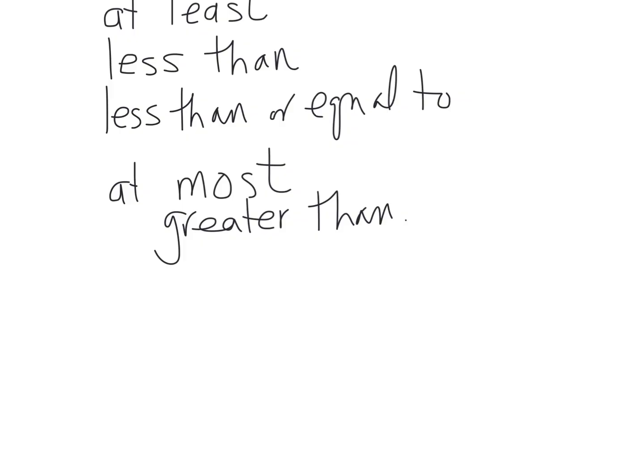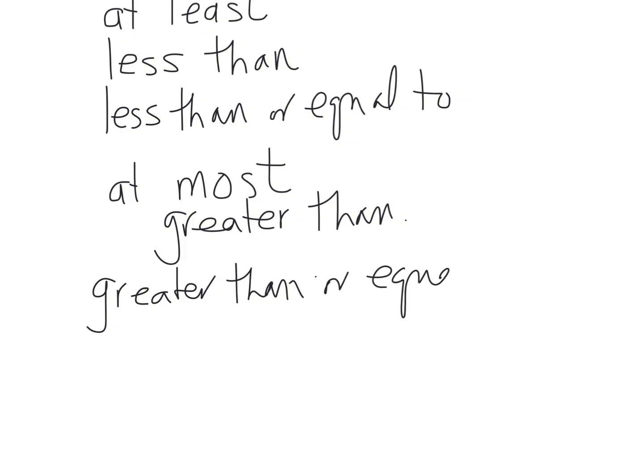You get my point. We can also have greater than or equal to. A student must have a grade point average of 2.8, greater than or equal to 2.8. That would mean 2.8 is included, 2.9, 3.0, and so on.